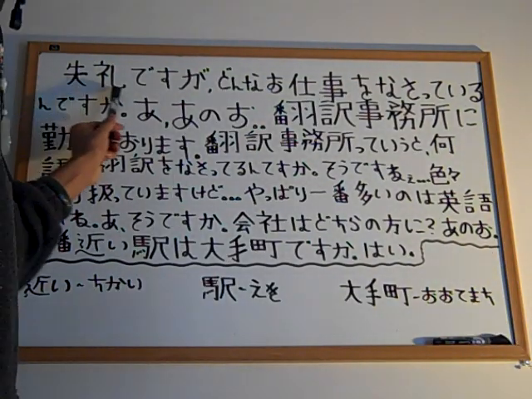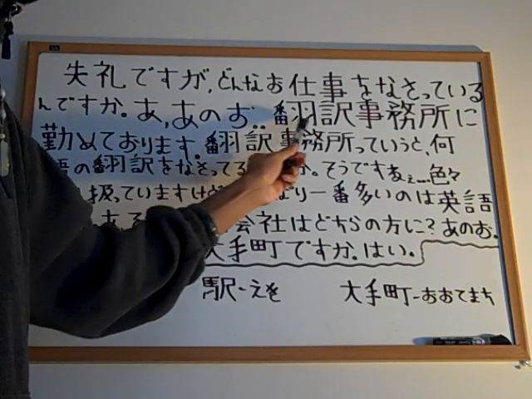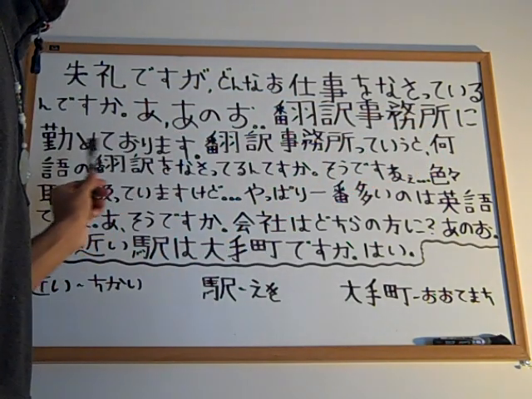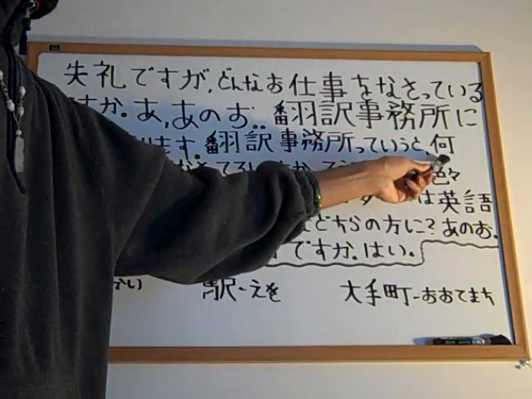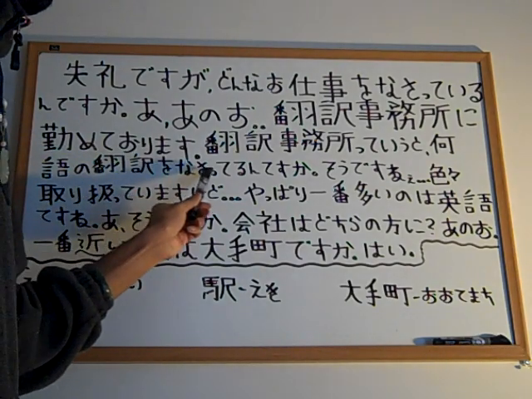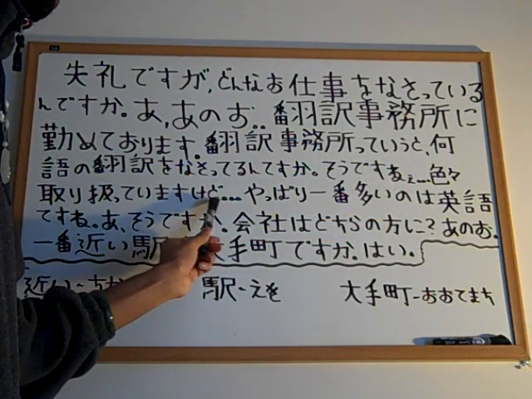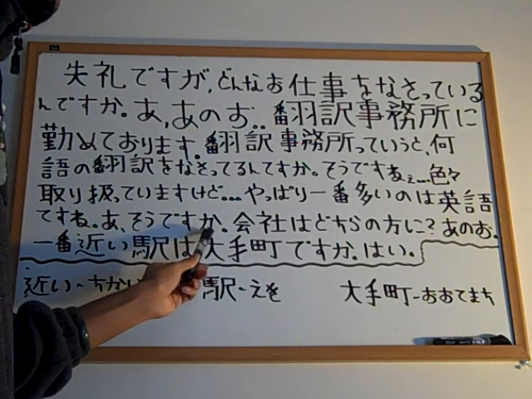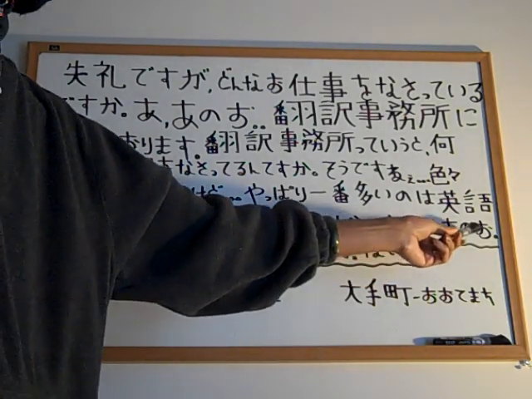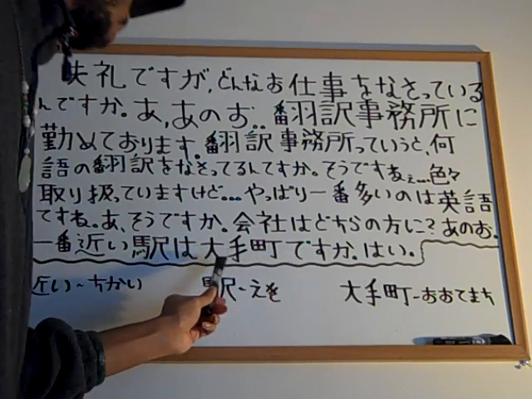So it says, 失礼ですが、どんなお仕事なさってるんですか？翻訳事務所に勤めております。翻訳事務所っていうと、何語の翻訳をなさってるんですか？そうですね。いろいろ取り扱っていますけど、やっぱり一番多いのは英語ですね。ああ、そうですか。会社はどちらの方に？一番近い駅は大手町です。大手町です。はい。This car shouldn't be there. I don't even know why I put car.